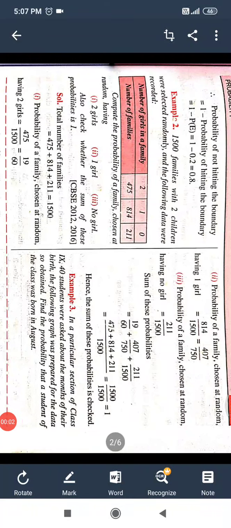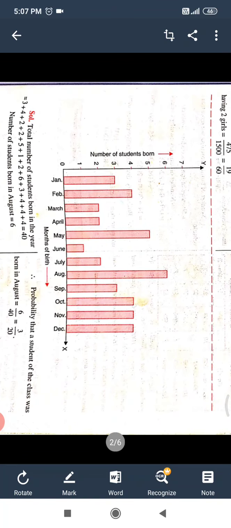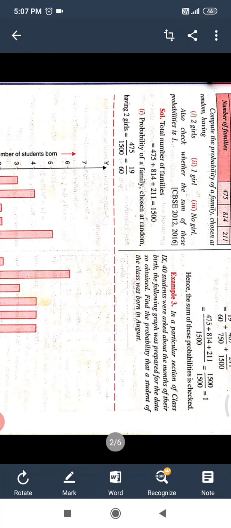Hello students, today we will continue exercise 15.1, question 3. In question 3 we have a given graph and from the graph we have to give the answer.